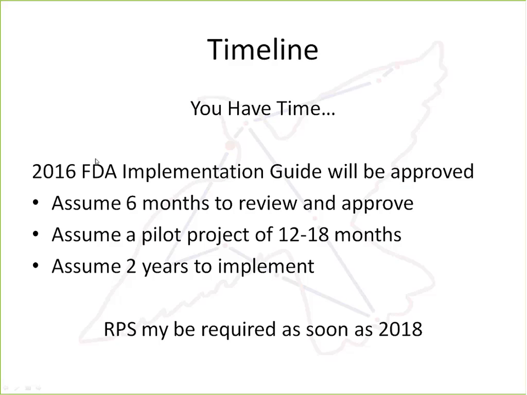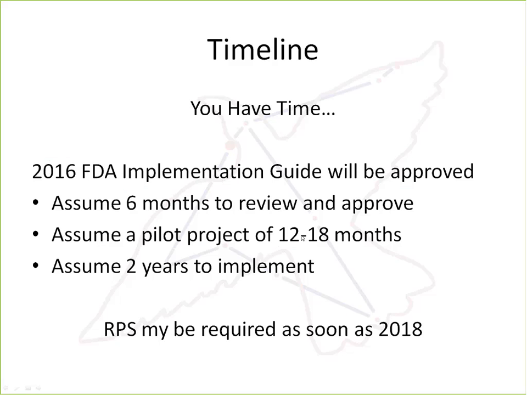Once that has been approved, which is expected midway through this year, the FDA will be able to implement their own guide. Once that is done, you can assume 6 months, minimum 6 months to review and approve it, and then probably a pilot project for 12 to 18 months.